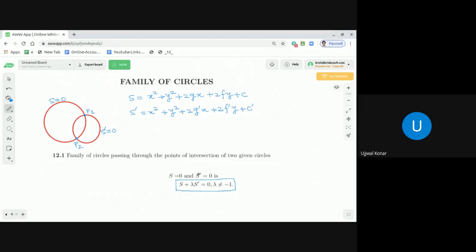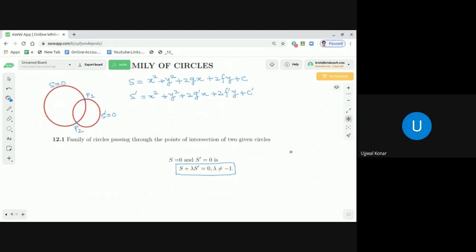Why can it not be equal to -1? The moment it is -1, S plus lambda S dash equal to 0 reduces to the equation of a straight line, not a circle, because x square and y square get cancelled because of the minus sign in lambda equal to -1.